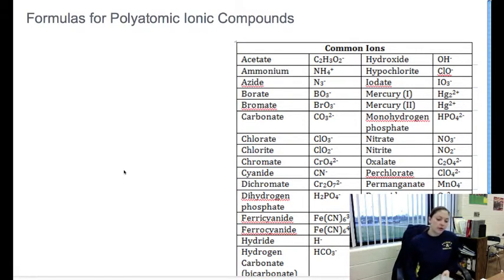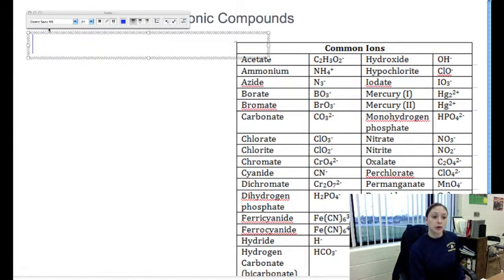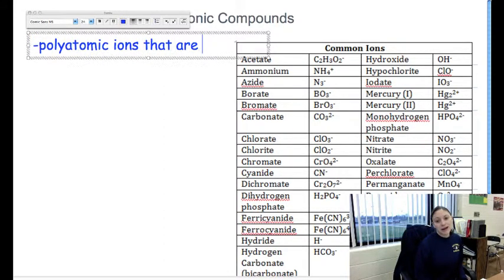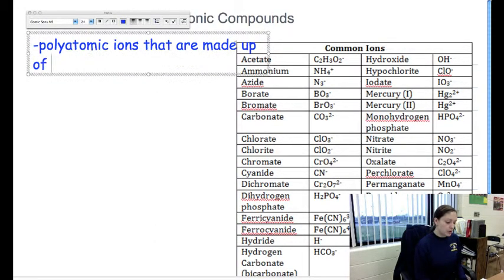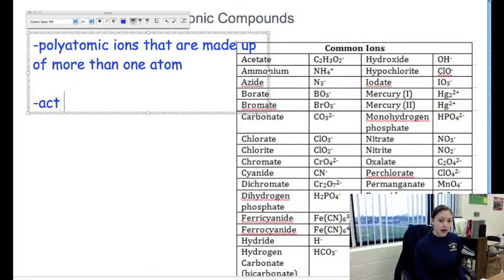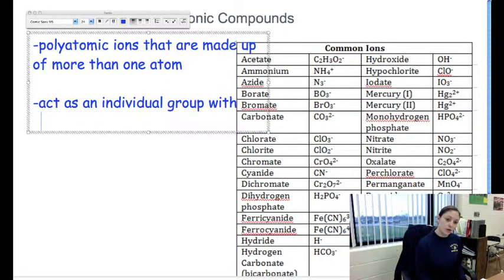Now we're going to look at how to write formulas for what are called polyatomic ions. A polyatomic ion, poly meaning more than one, are ions that are made up of more than one atom, but they act as an individual group with a single charge.